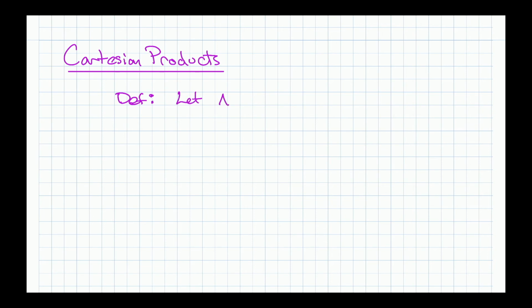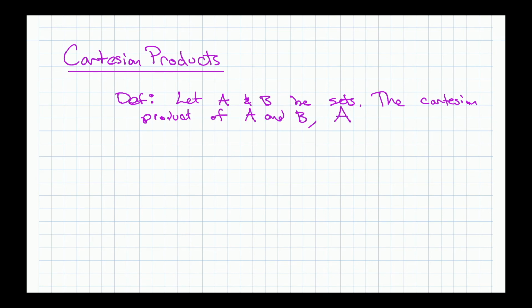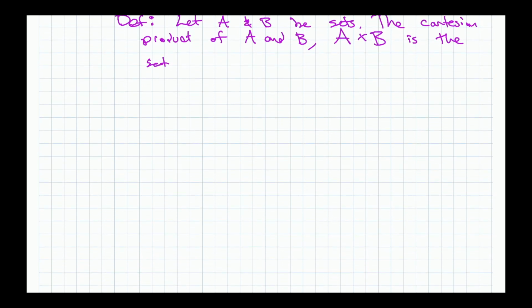So let A and B be sets. The Cartesian product of A and B, which you write this way, A times B with the multiplication symbol, is the set, and here's how the set is made.